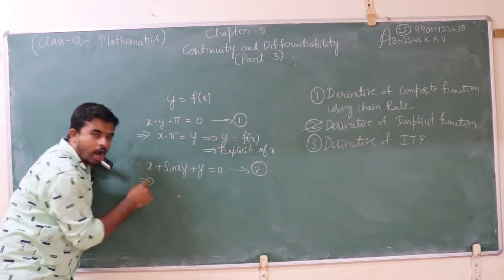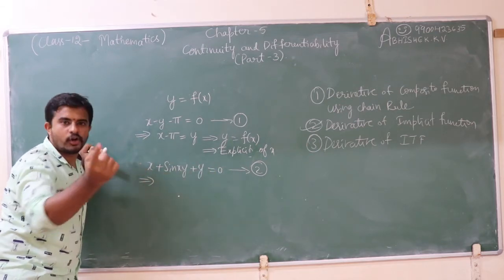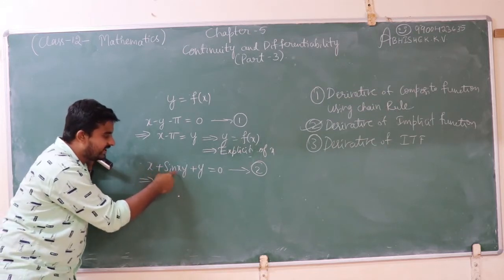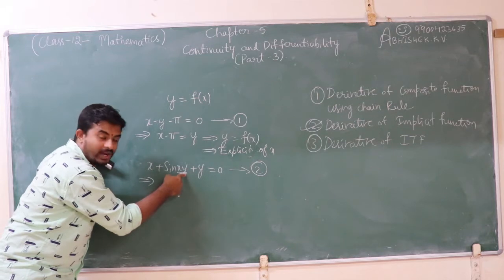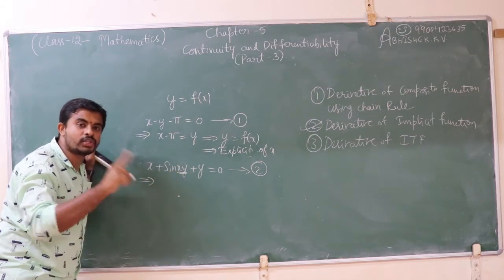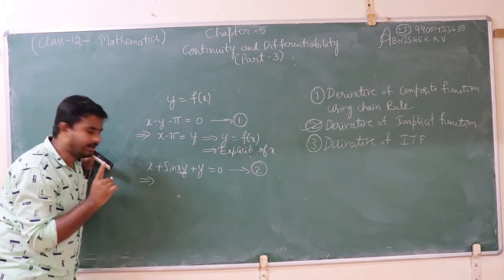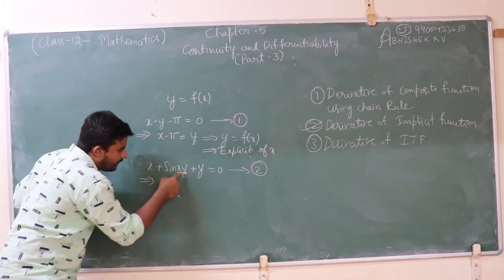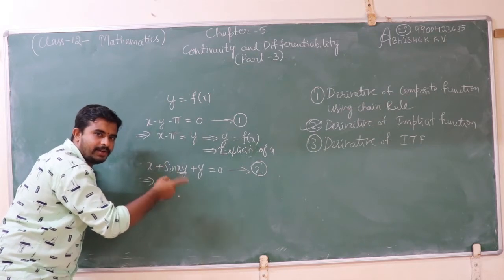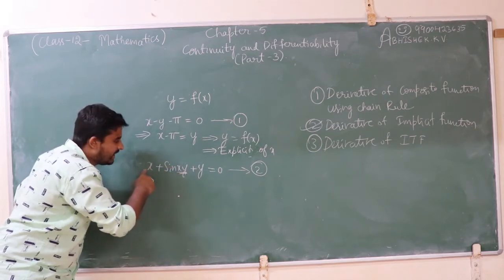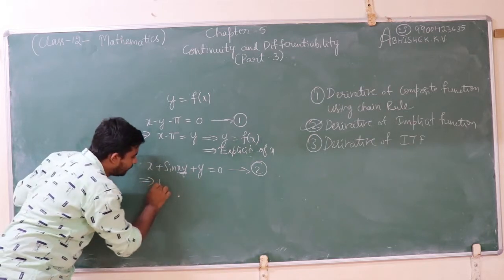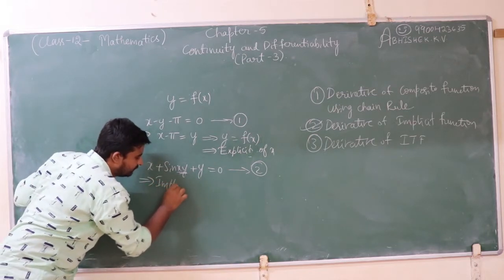Observe equation 2. Here it is not easy to solve for y. Yes or no? See, x plus sin xy plus y. Here y is a function of x, but it is not easy to solve for y. The relationship between x and y of this second type is called an implicit function.